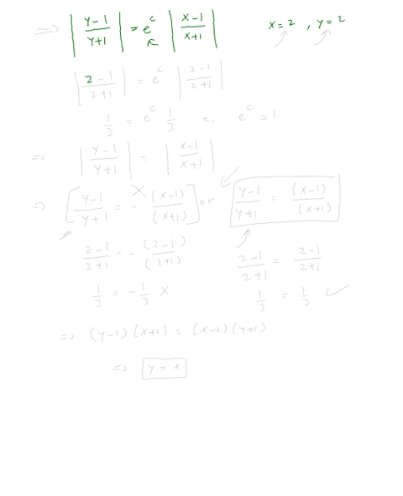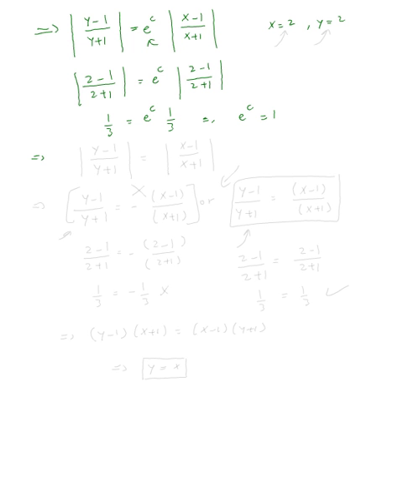We're going to plug 2 for y, and then we're going to plug 2 for x. Now what are we going to get? We get the same thing on both sides: absolute value of 1 over 3 is 1/3, and absolute value of 1 over 3 is 1 over 3, which means e to the c is equal to 1.